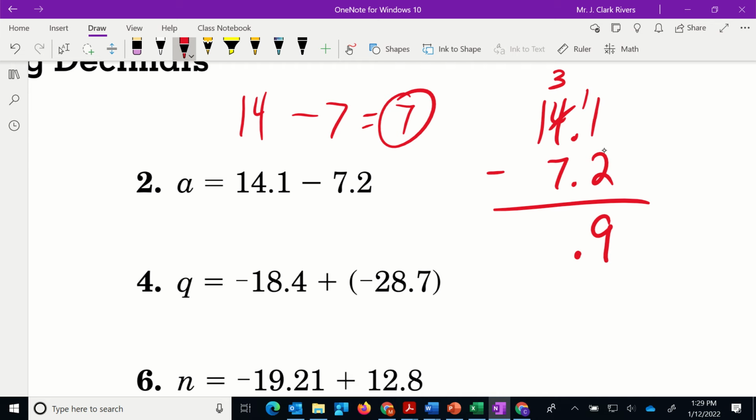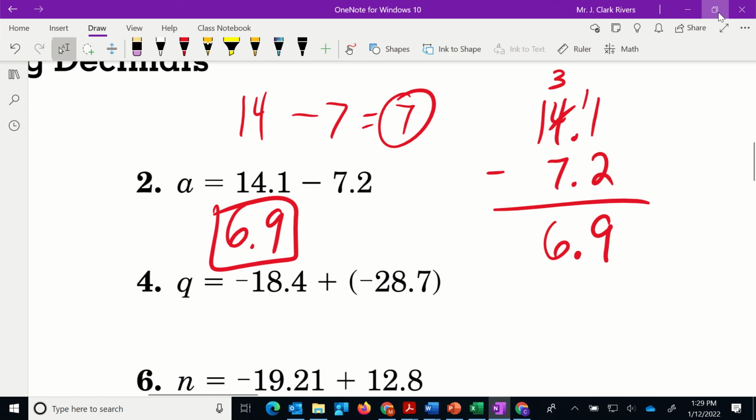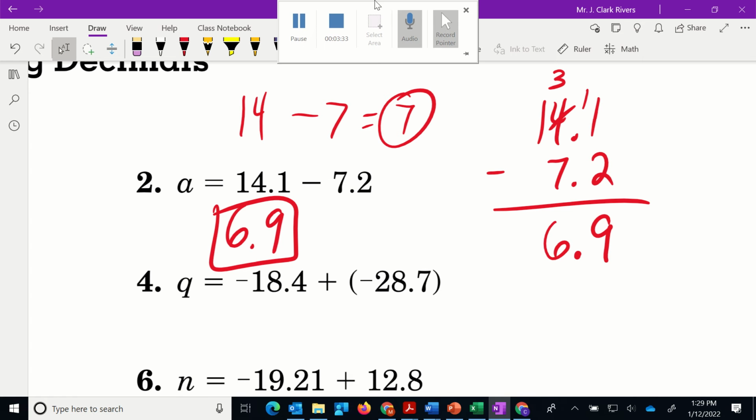Bring down the decimal. 13 minus 7 is 6. Or you could say 3 minus 7 can't do that. We got to borrow, and it becomes 13 minus 7. Either way, we get 6.9, which is pretty close to our estimate of 7. What else do you have questions on from last night? Nothing? All right, so we feel really good about this.